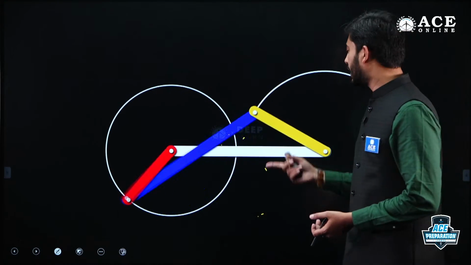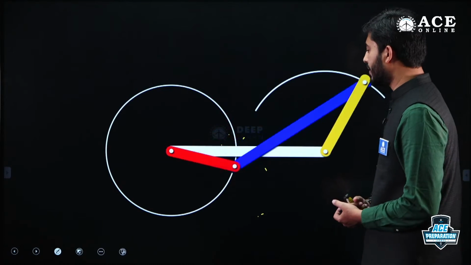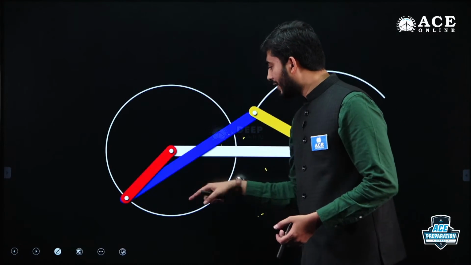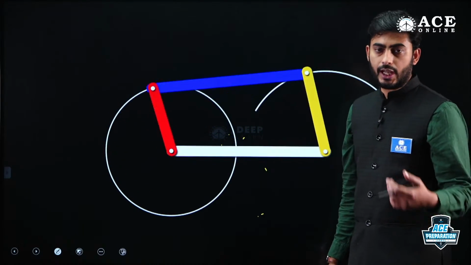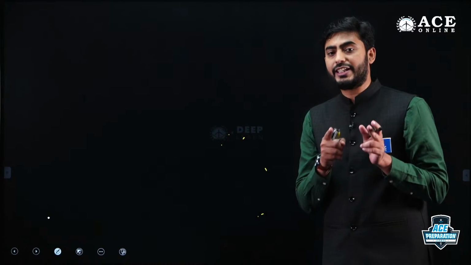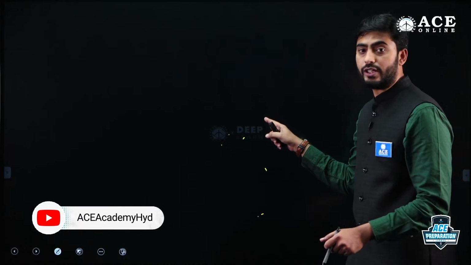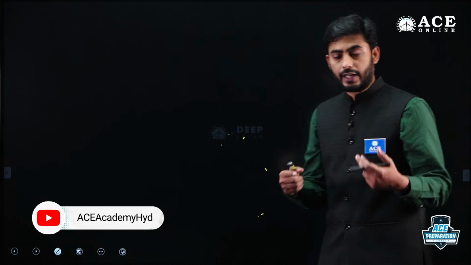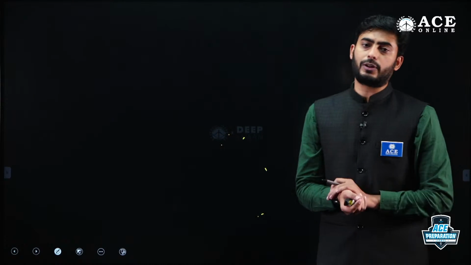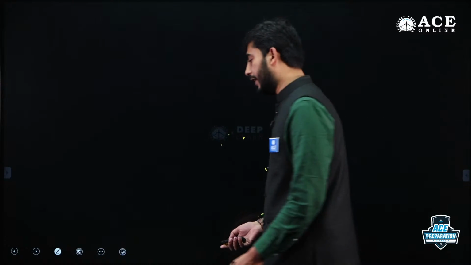Similarly, this is the crank rocker mechanism, which is very well known to all of you. Here you will find the input link undergoing complete circular motion in the crank rocker mechanism, whereas in the double rocker mechanism you will see the coupler link undergoing full circular motion, right. And for double crank you will see the input and output links undergoing full circular motion, right.